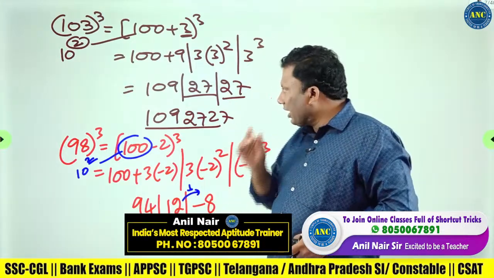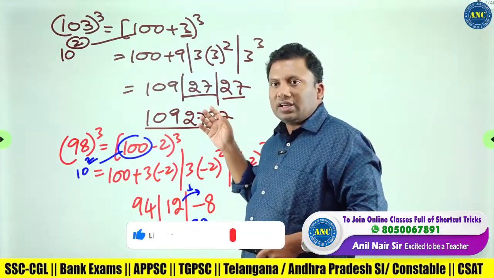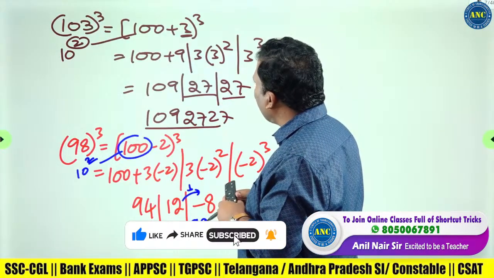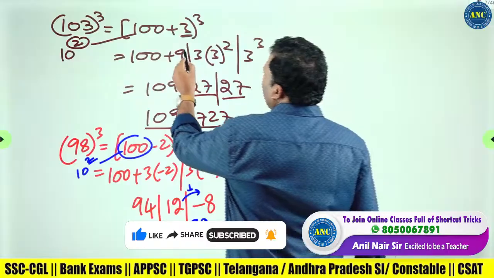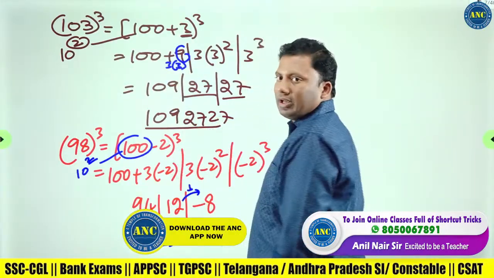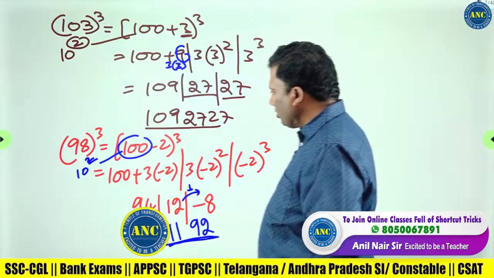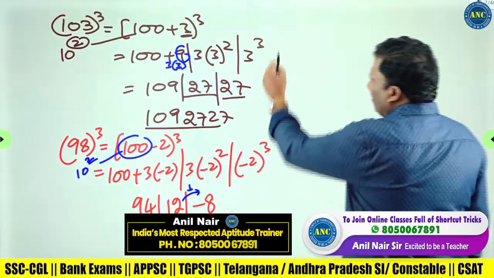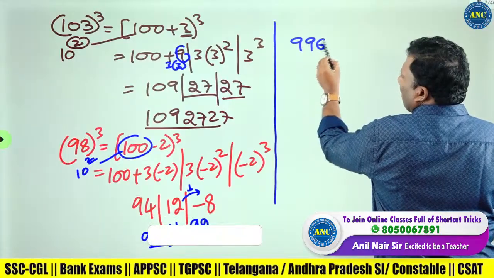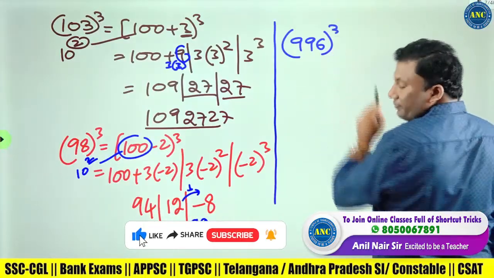One minute. Right? Now, one student is asking, in place of 3 you kept... where in place of 3 I kept 9? It is b plus 3x, b 100 plus 3 into 3. Right. Now, one minute. You will get a doubt. 996 whole cube.